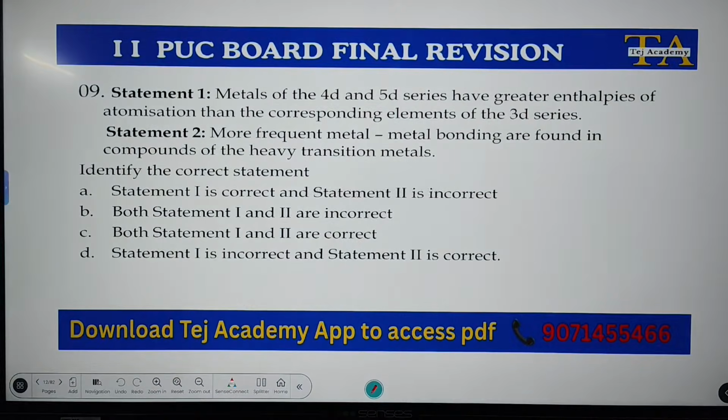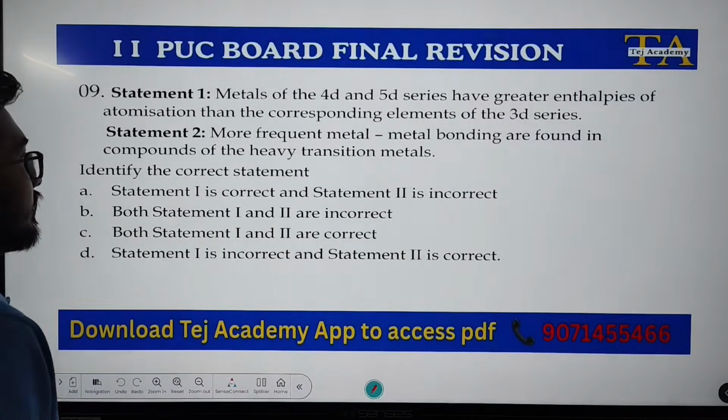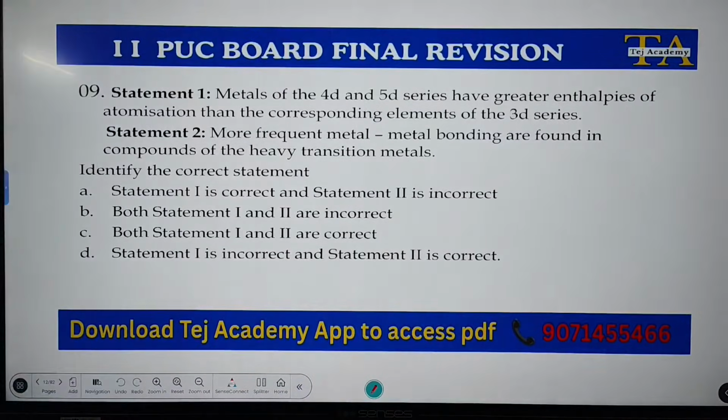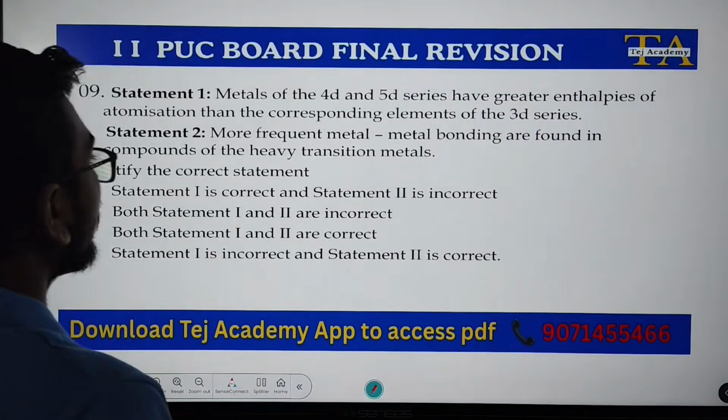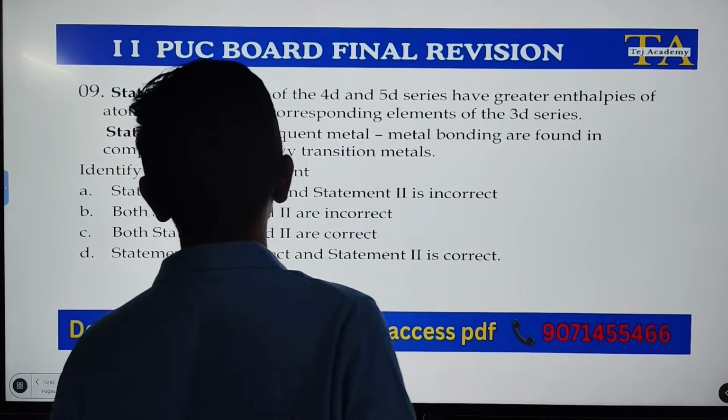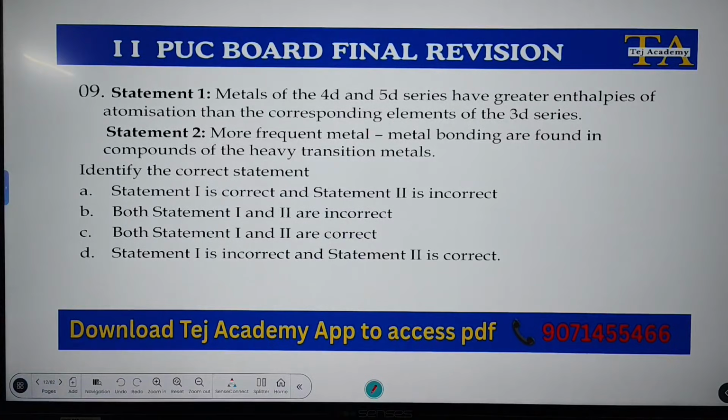Next, ninth question. Statement-based question. Statement 1: metals of the 4d and 5d series have greater enthalpies of atomization than the corresponding elements of the 3d series. Statement 2: more frequent metal-metal bonding is found in compounds of the heavy transition metals.